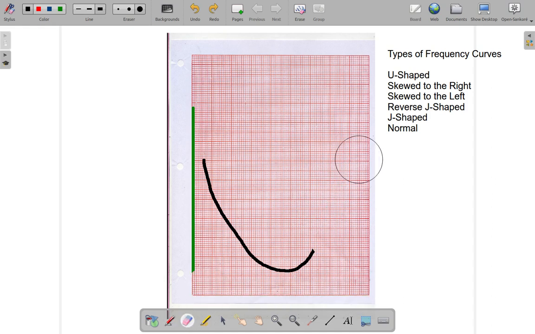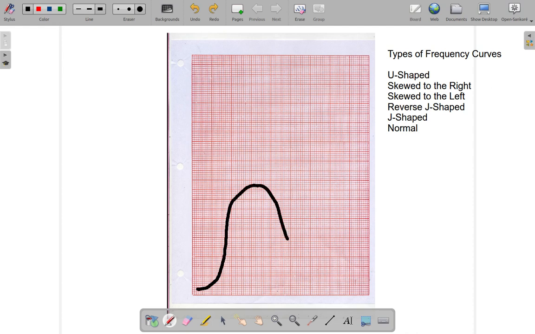You have another one, the skew to the right. Now the skew to the right, generally, it might look somewhat like this. Alright? And I could exaggerate it a bit.